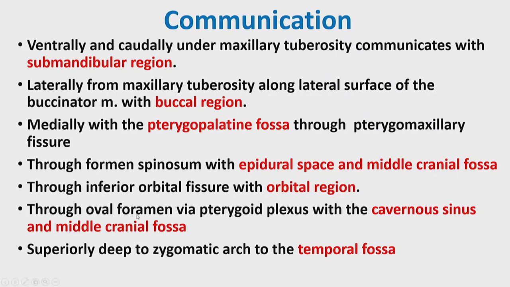Through the oval foramen and pterygoid venous plexus, we said it already, it goes to the cavernous sinus or middle cranial fossa, and finally, superiorly, it goes to the temporal fossa. Those are the communications which are extremely important to understand how the spread of infection happens in this area.